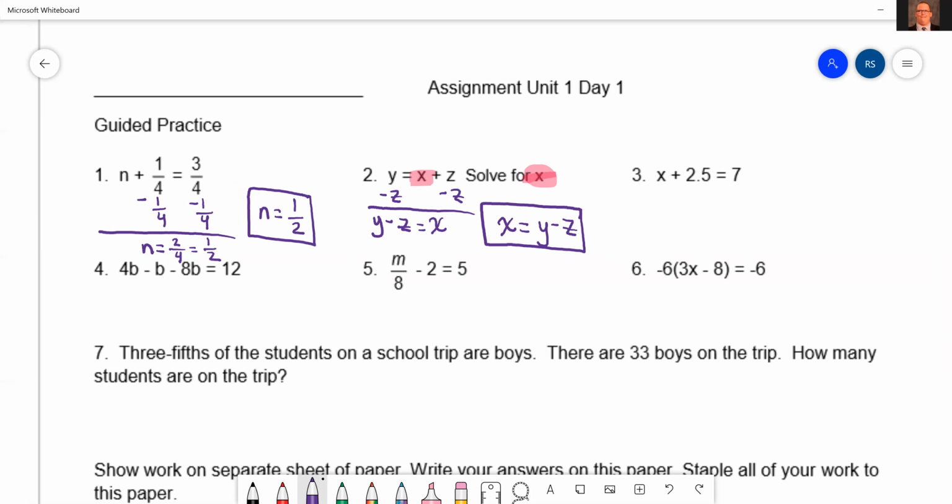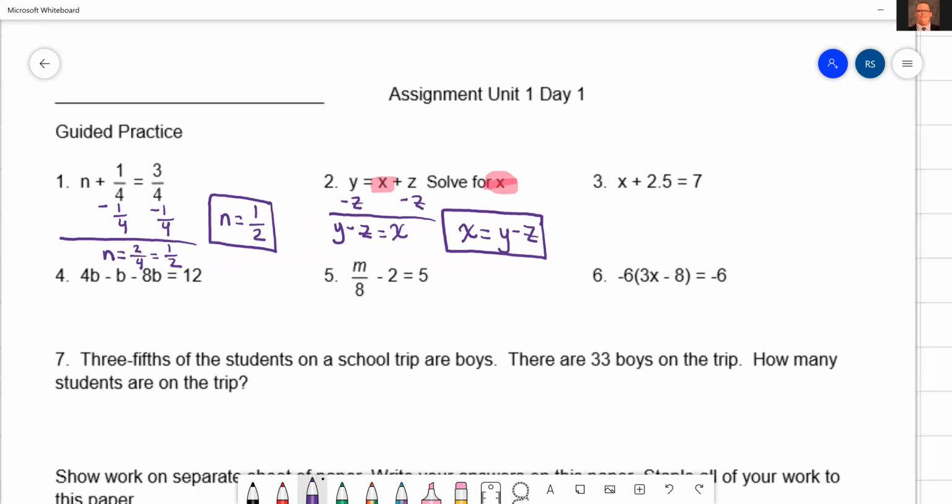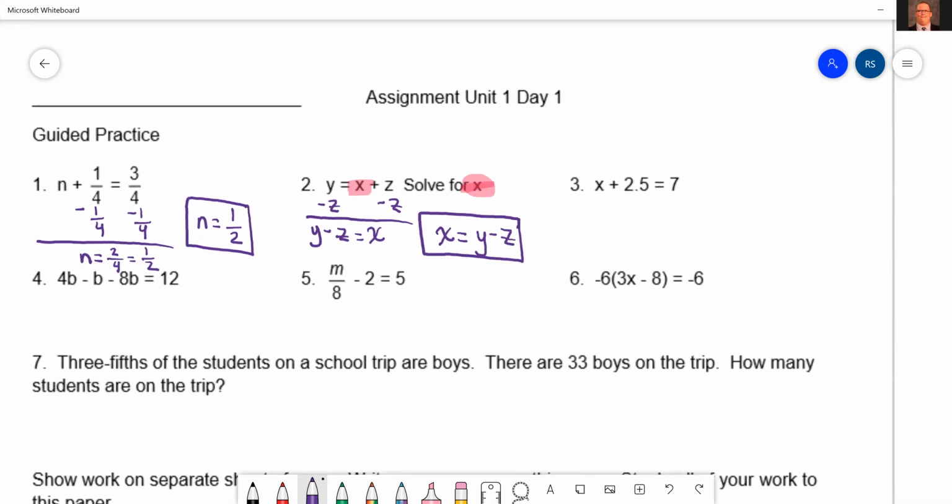Okay. Number 3. Looks like they threw some decimals in there for us. So what could we do with those decimals? Same thing we do with anything else. Let's subtract 2.5 from both sides.